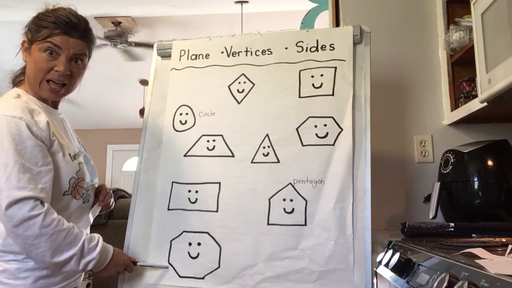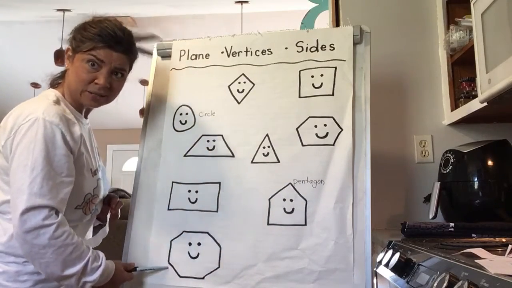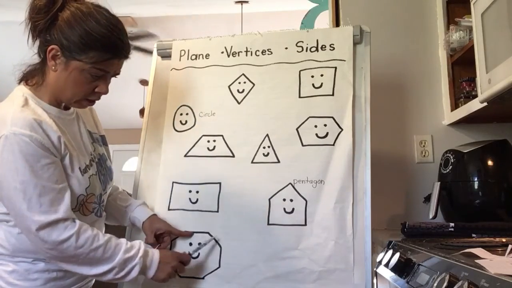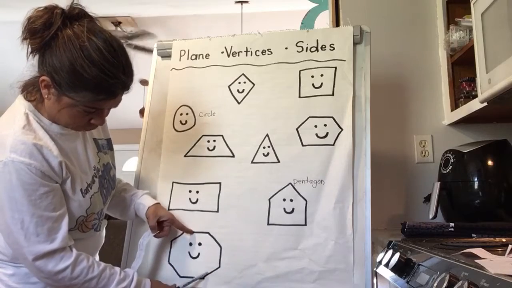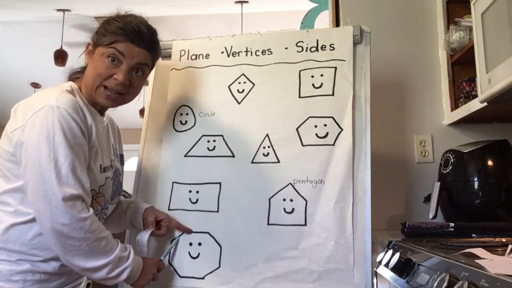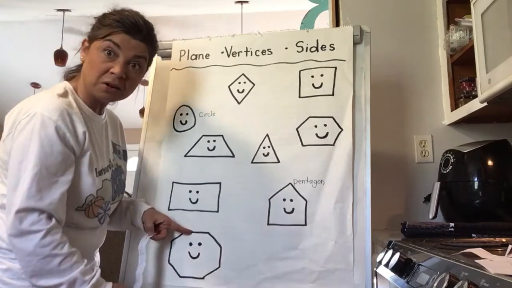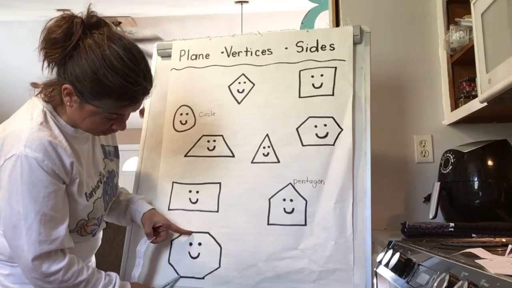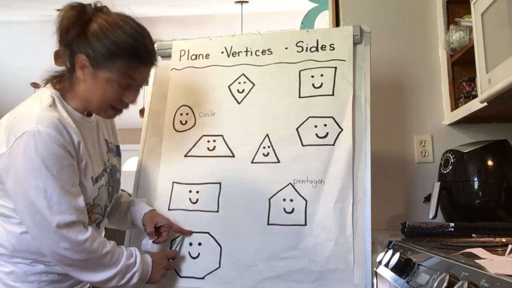What about this guy? Well, he looks like he's got a lot of sides and corners, doesn't he? So let's see. Let's put our finger here. We're going to start here. 1, 2, 3, 4, 5, 6, 7, 8. Is that 8 sides? Yep. Let's count the corners. 1, 2, 3, 4, 5, 6, 7, 8.